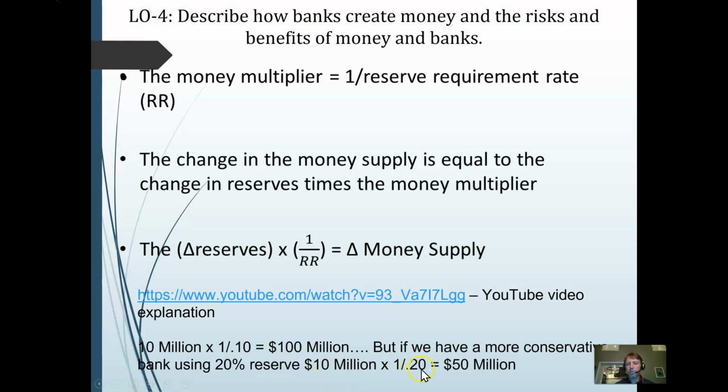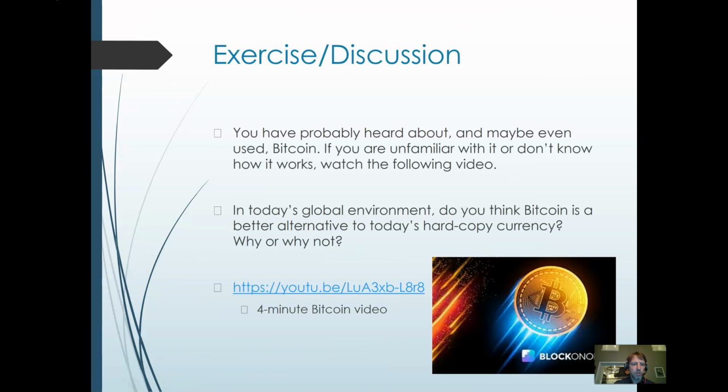If they just went to 20, then the money multiplier, 1 divided by 0.20, equals only 5 times as much, so 10 million can be turned into 50 million by the bank. To get a better understanding of this, I strongly encourage you to watch this little YouTube video. I think that will explain it well enough that you will understand and gain value from watching that.